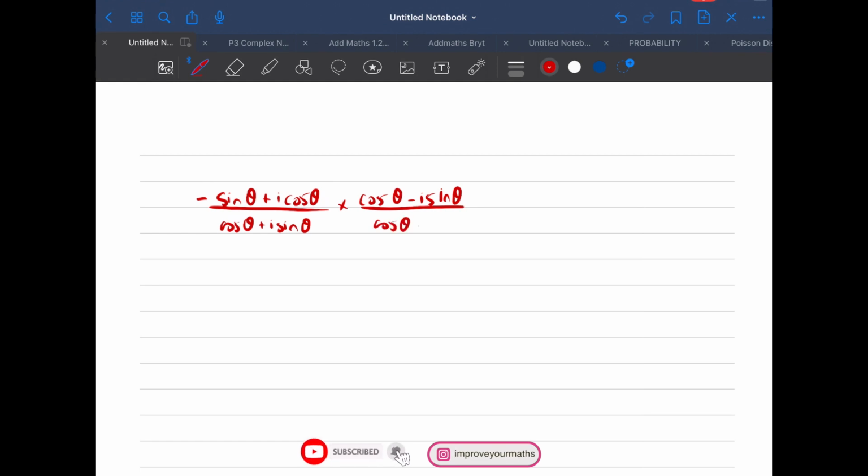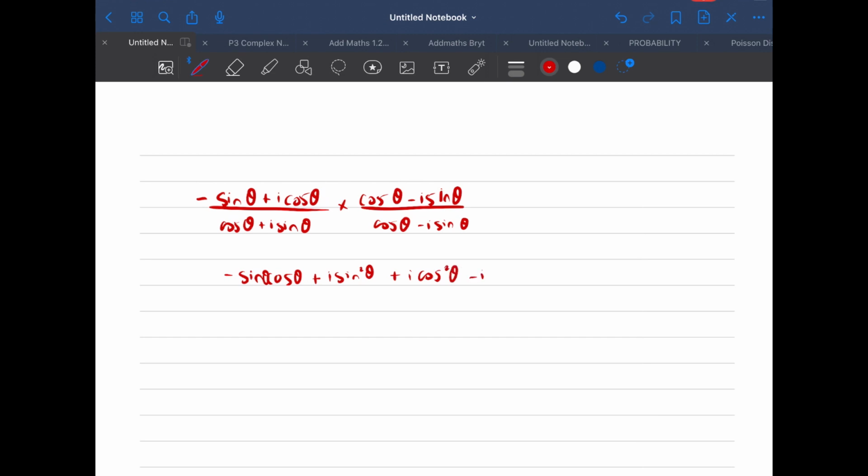Cos theta minus i sin theta. Now let's multiply. It's going to become minus sin theta cos theta plus i sin square theta plus i cos square theta minus i square sin theta cos theta divided by cos square theta minus i square sin square theta.